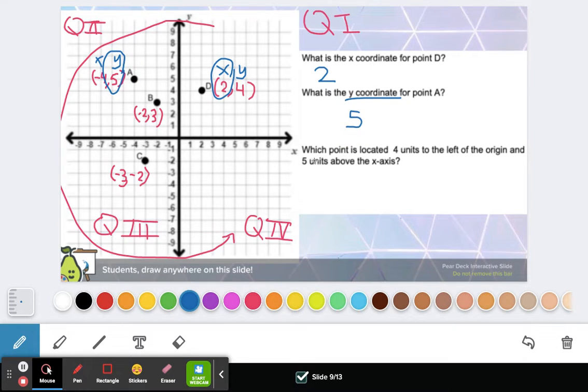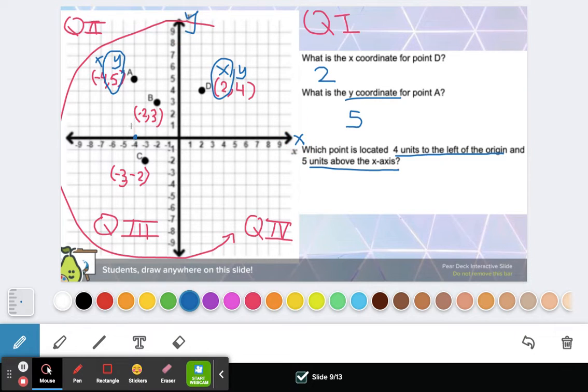Okay, so now it's saying which point is located 4 units to the left of the origin. So I'm going to go back to my origin, and actually I'm going to underline this. So it's going to go -1, -2, -3, -4. So 4 units to the left. And then it says 5 above the x-axis. So again, this is my x-axis right here. This one is my y.